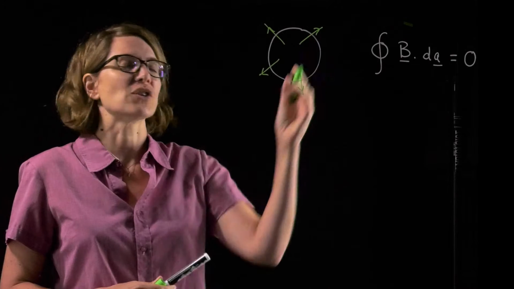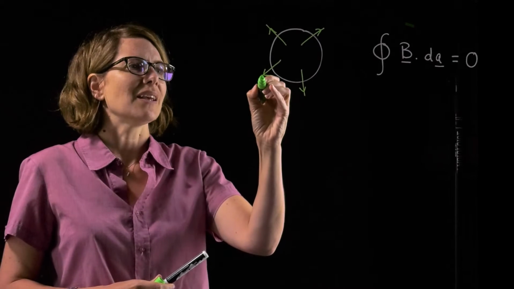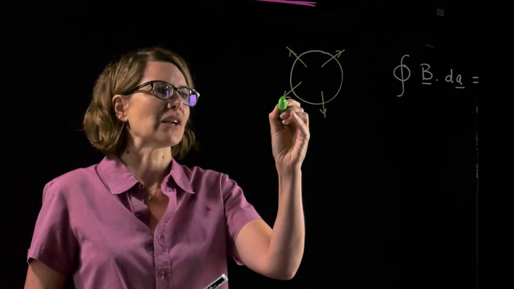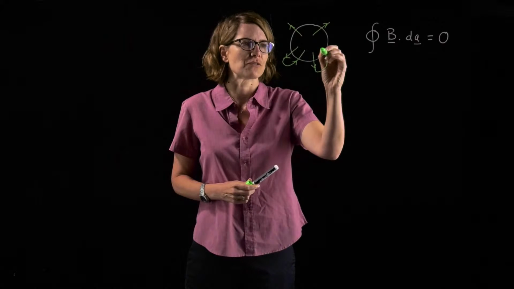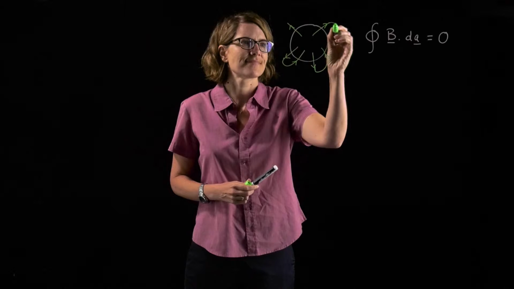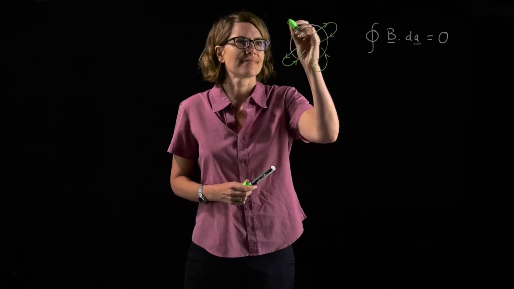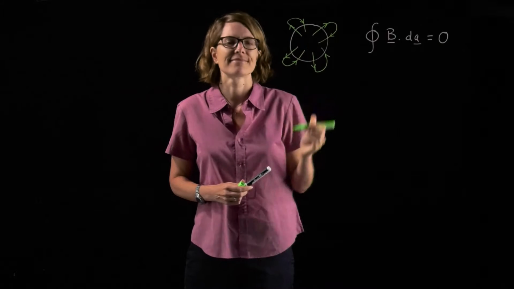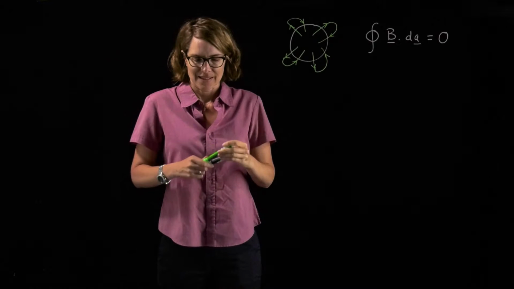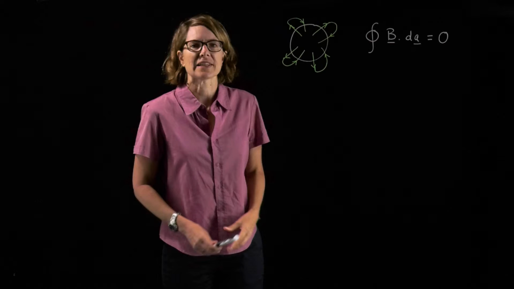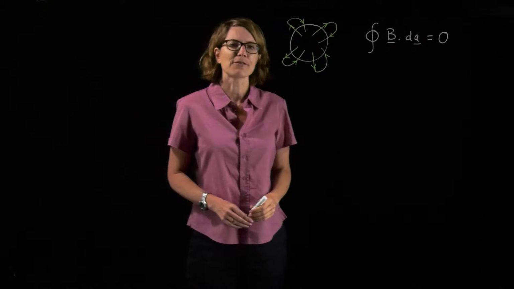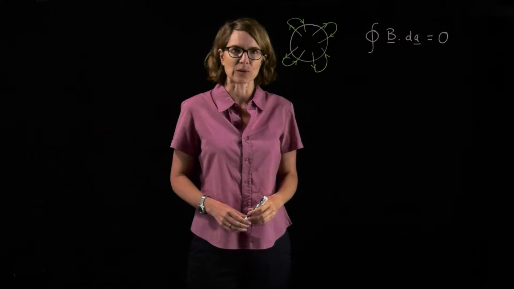For all the flux that you have coming out, it must also circulate somehow back in through the surface. So let's think of a more useful expression. And for us, it's Ampere's law.